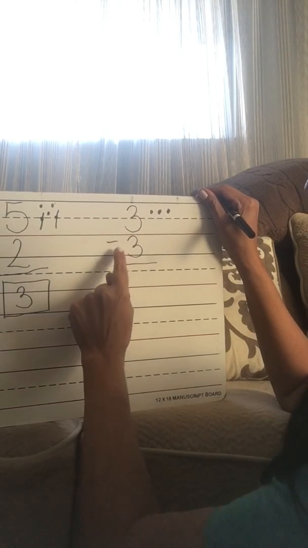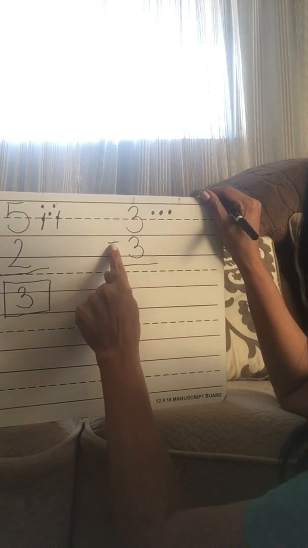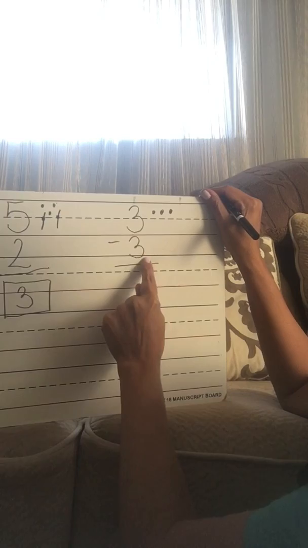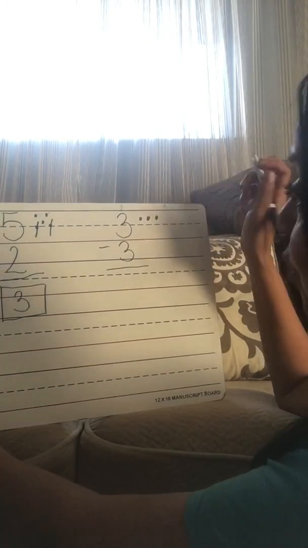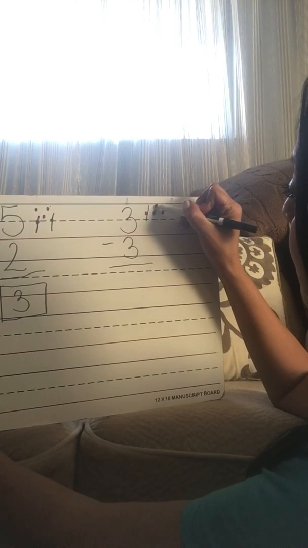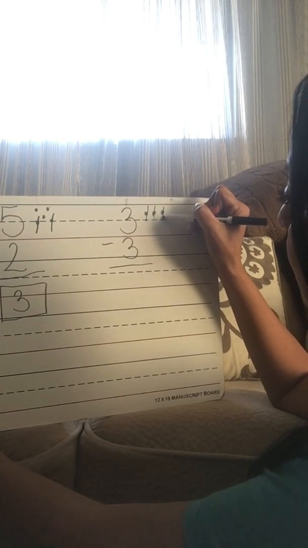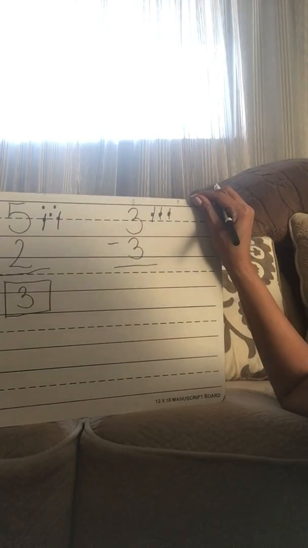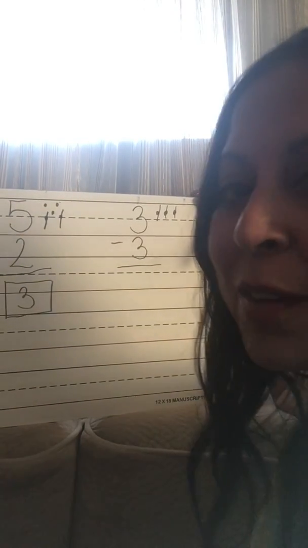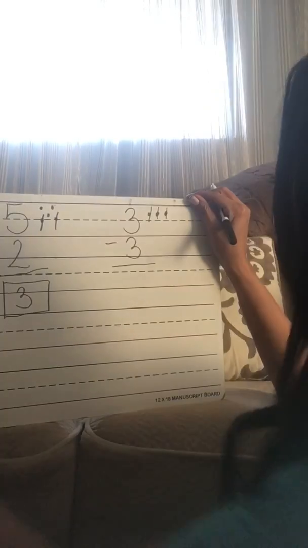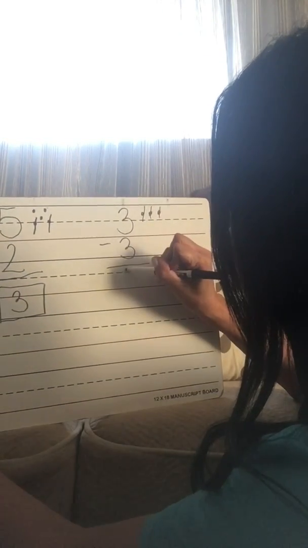So I'm going to subtract minus 3, which means I'm going to cross out 3. 1, 2, 3. So how many dots do I have left over? You're right, 0. 0 dots. So that's my answer, 0.